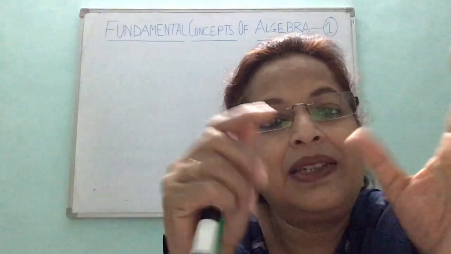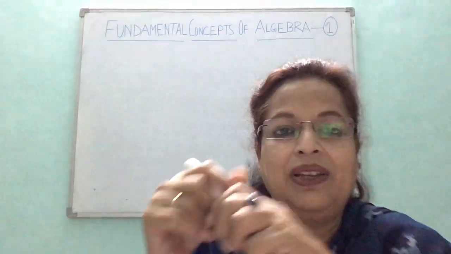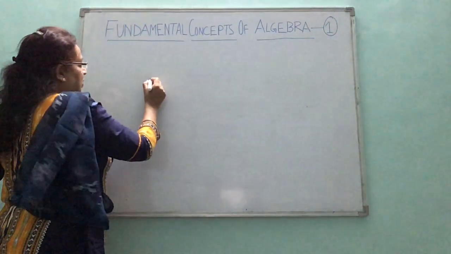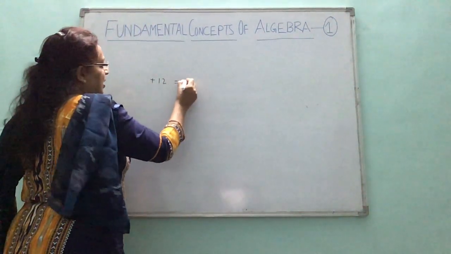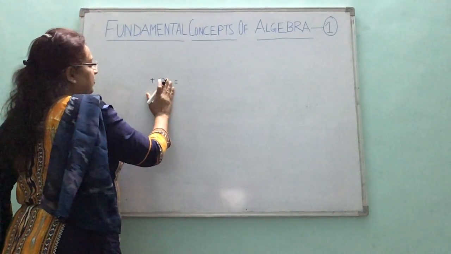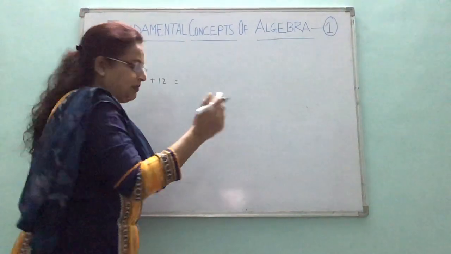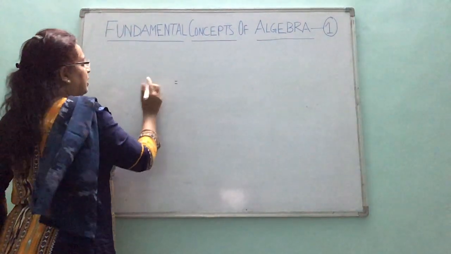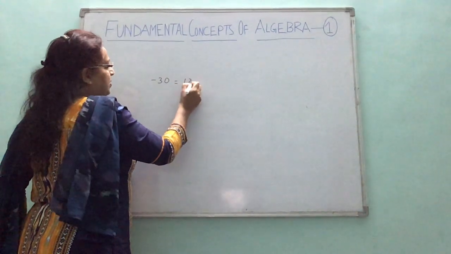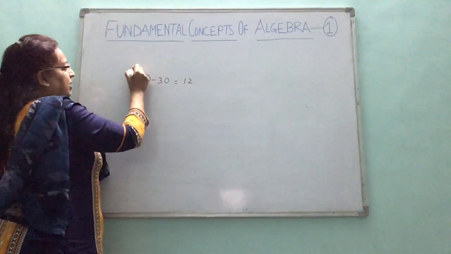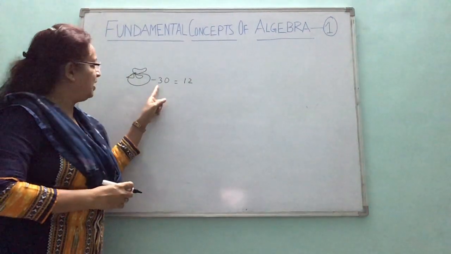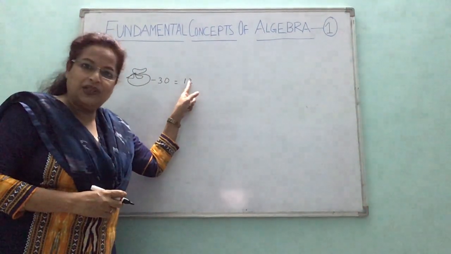So I can represent that equation: there were 12 sweets remaining, and I have taken out 30 sweets. Now this is that bag. So from the bag I have taken 30 sweets, then 12 sweets are remaining.